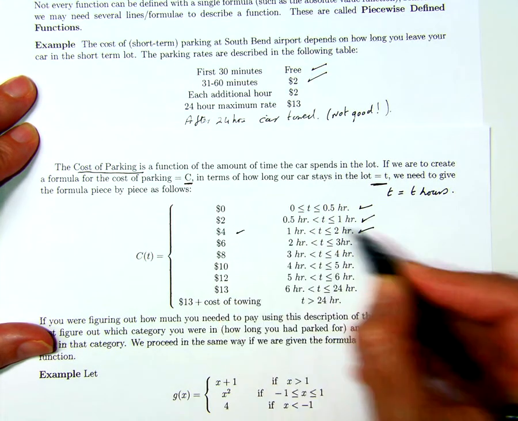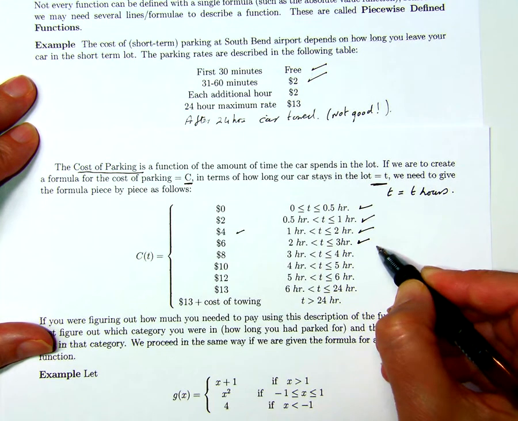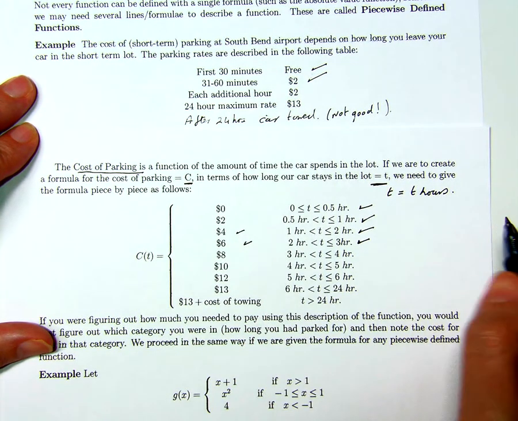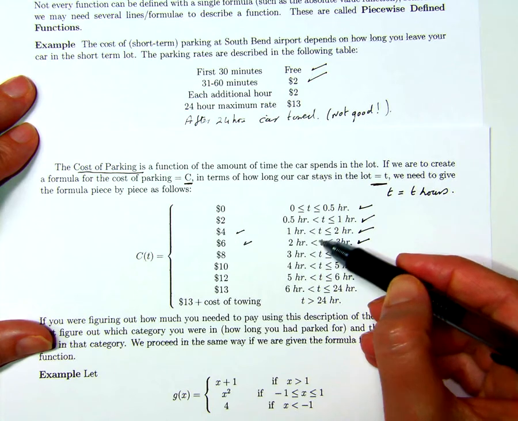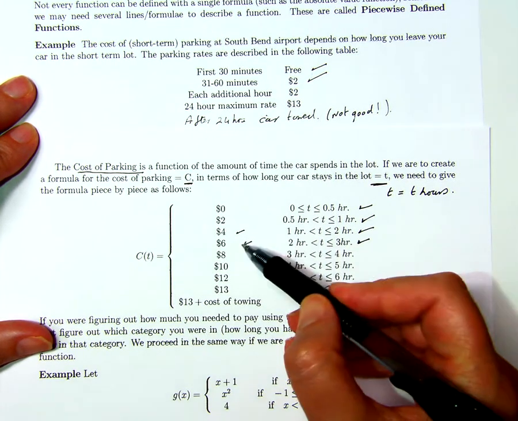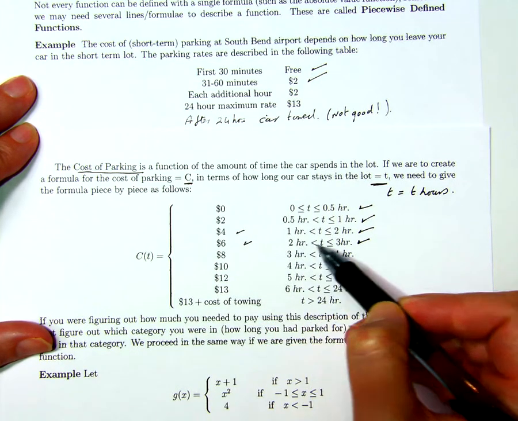And then if I leave it in there for an extra hour, 2 to 3 hours, then that's going to cost me $6. So if I've left the car in the lot for some value of T, which is greater than 2 hours but less than 3 hours, I'm going to pay $6. So C of T is $6 in this particular case.